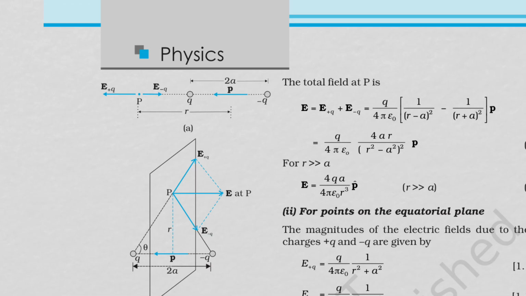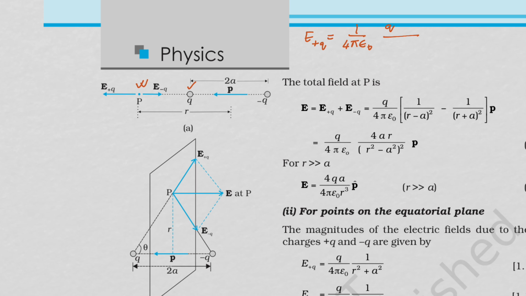So E plus Q, the electric field due to the positive charge, is 1 upon 4 pi epsilon naught, then Q, divided by R square, the distance from that charge to the point where we want to find the electric field.